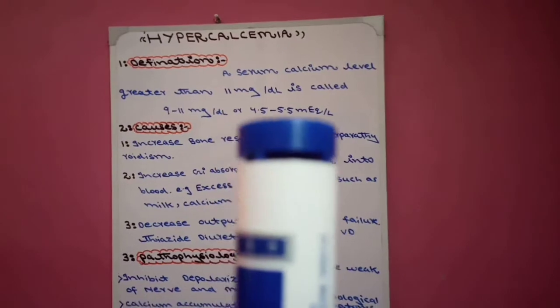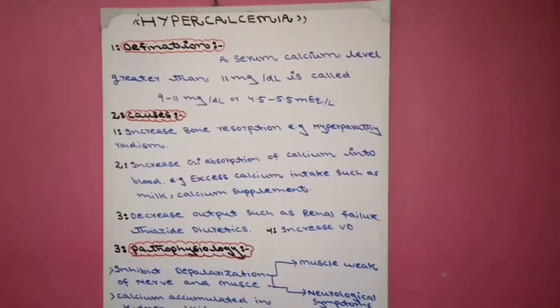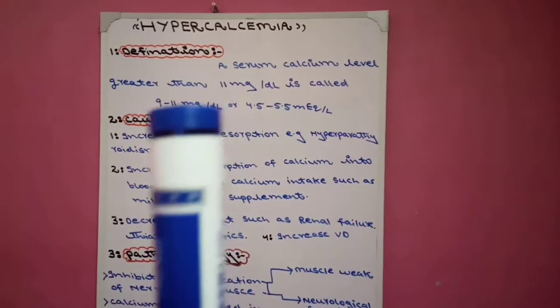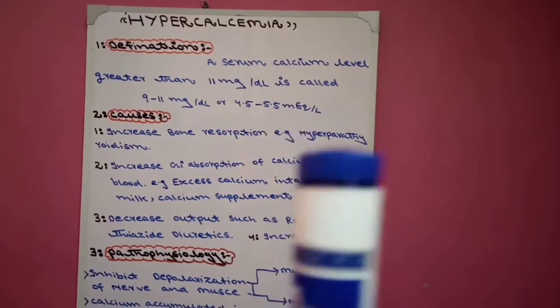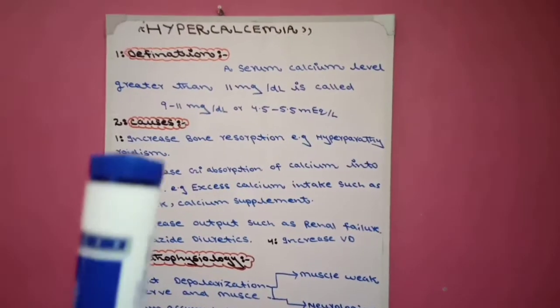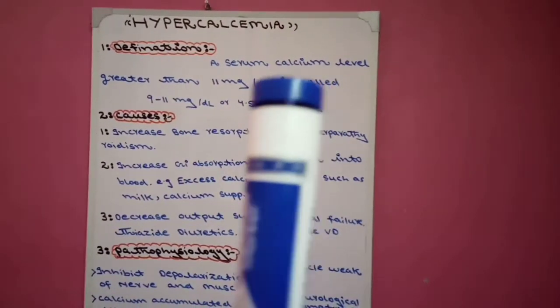If we define it in milliequivalent per liter, then a serum calcium level greater than 5.5 milliequivalent per liter is called hypercalcemia. This is the definition and normal range of hypercalcemia in milligram per deciliter and also in milliequivalent per liter.